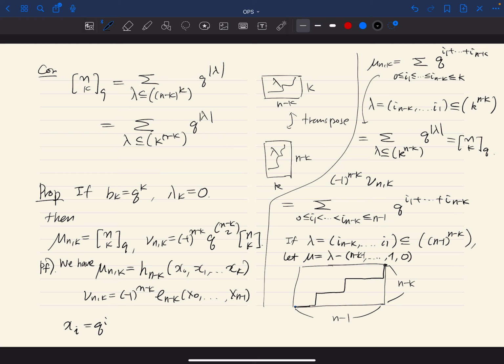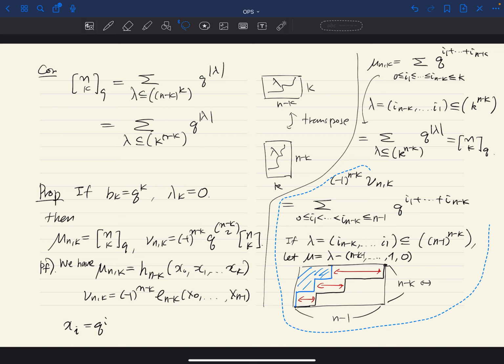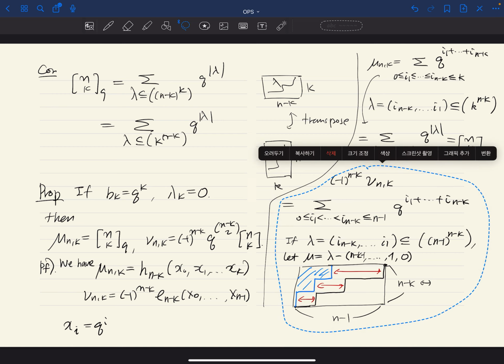You subtract this from that. That means we subtract things like this. We subtract this, and then just look at these numbers. This is mu. I don't have enough space, so let me just move this to the next slide.